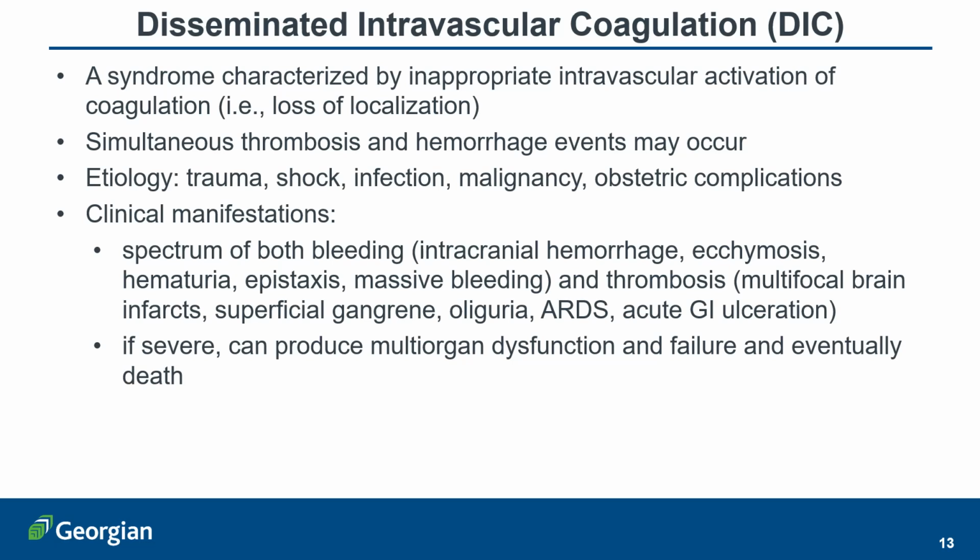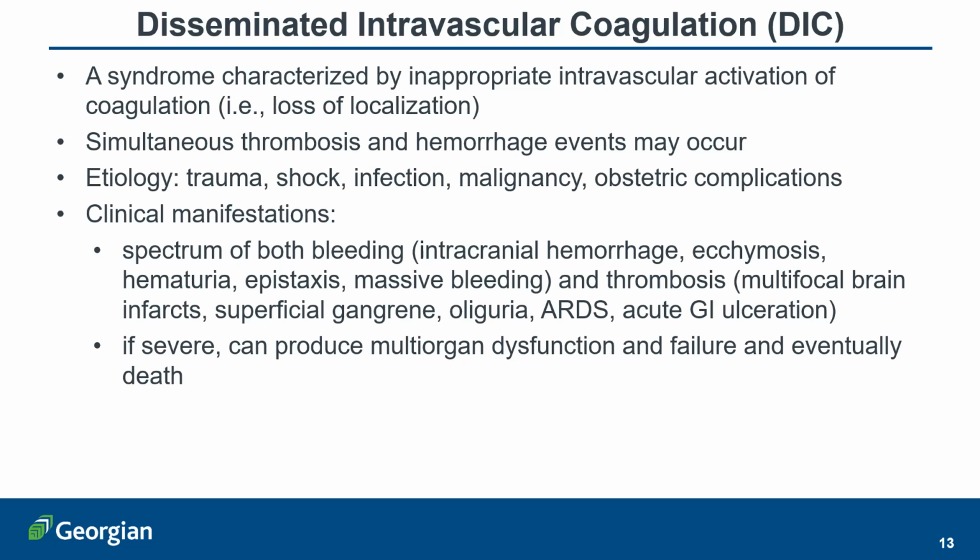So the etiology of DIC could be literally anything, commonly severe trauma, shock, a severe infection, malignancy, and very commonly obstetric complications. The clinical manifestations of DIC are a spectrum, as mentioned previously, of bleeding, and the bleeding could be intracranial hemorrhage, ecchymosis, hematuria, epistaxis, or even just massive internal bleeding, as well as the formation of numerous microthrombi throughout the body.